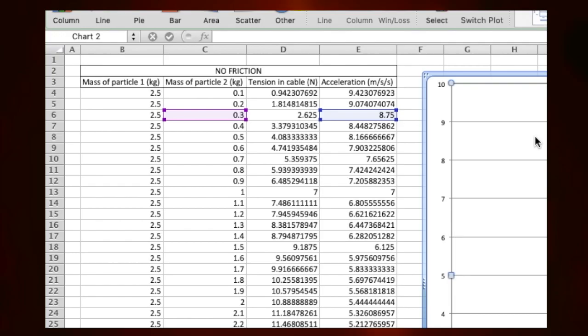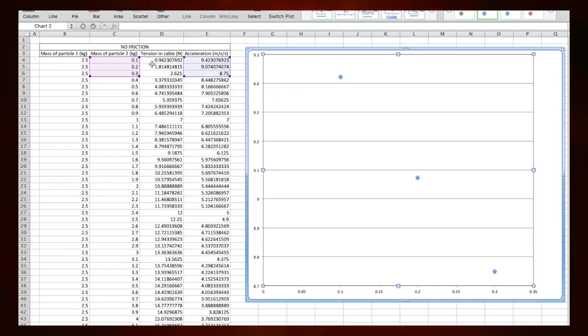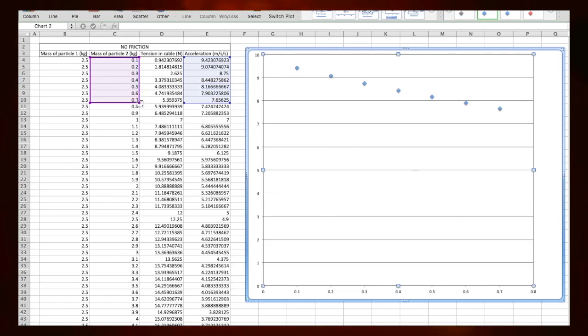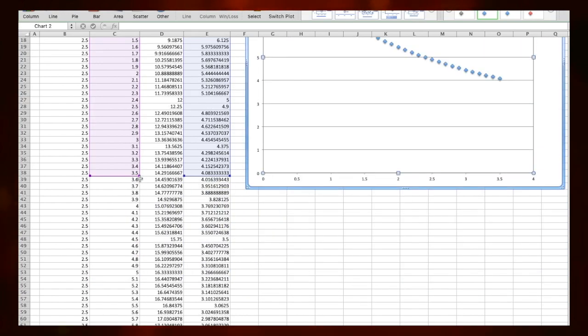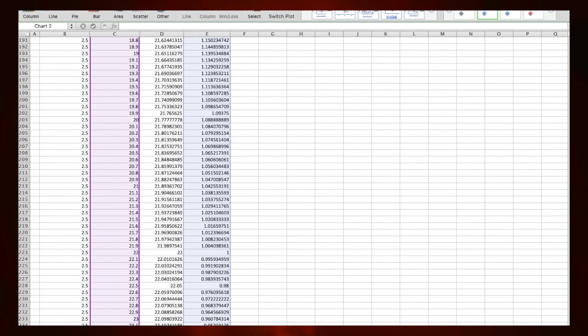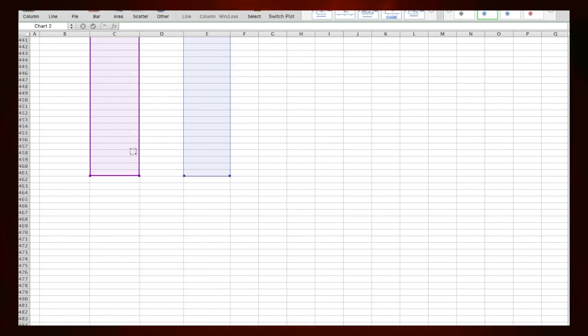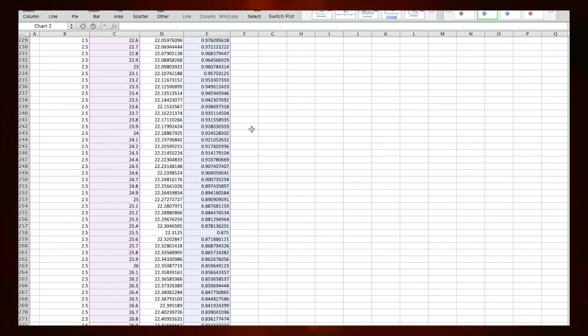Okay, so if I extend these graph areas on, it looks linear. Okay, something's happening. If I take this all the way down, up to, it's arbitrary, 42.5 kilograms, let's have a look.